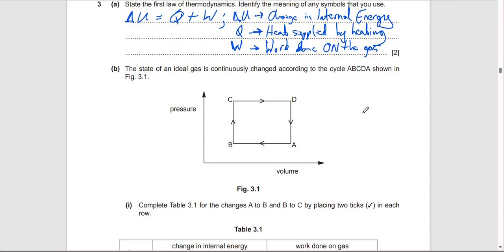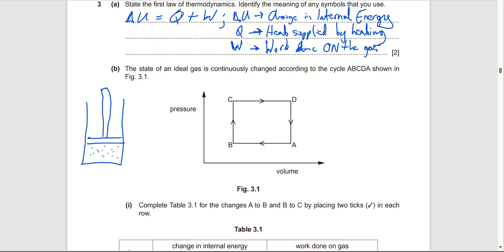I think the best way to think about this question is just draw your diagrams. You have your vessel, and that's the plunger right there, and you have the gas particles inside.